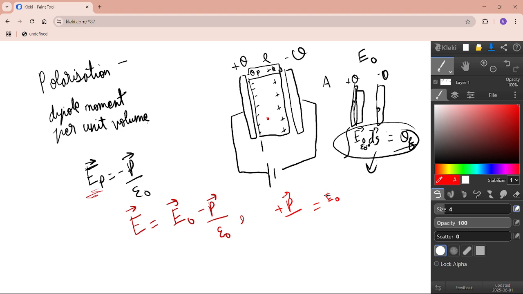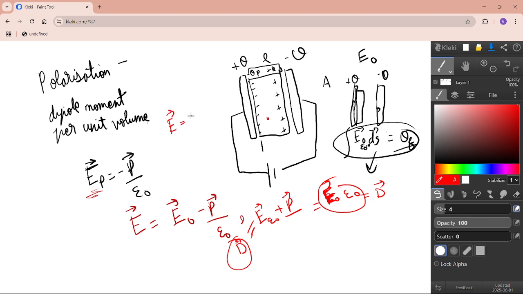It's E naught vector, epsilon naught, and you have E epsilon naught here. And this is described as D vector. And this is also, of course, D vector, right? In case of homogeneous dielectrics, we have the formula.